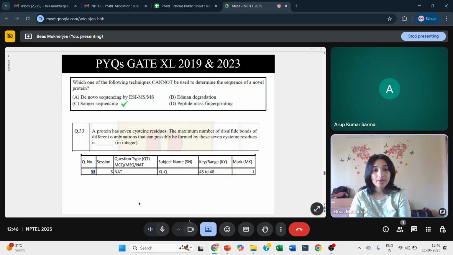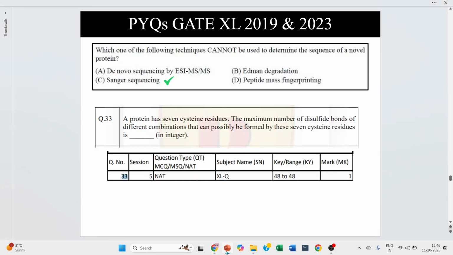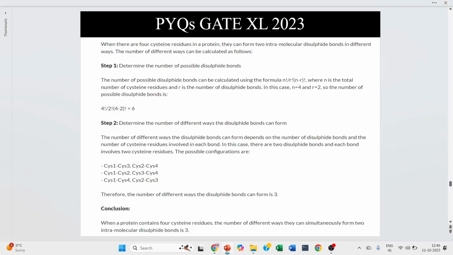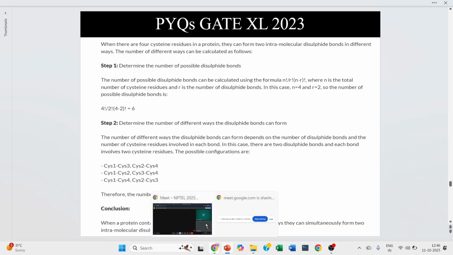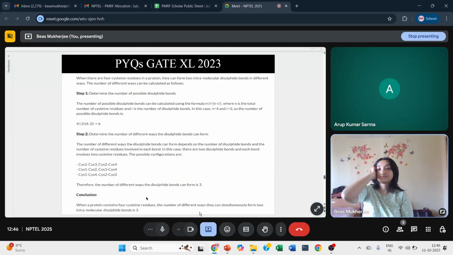How is 48 coming? I think we have discussed this in our previous classes, so you can refer to that. Here they have in fact explained how this is coming.